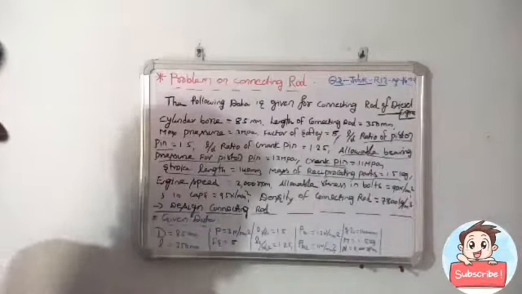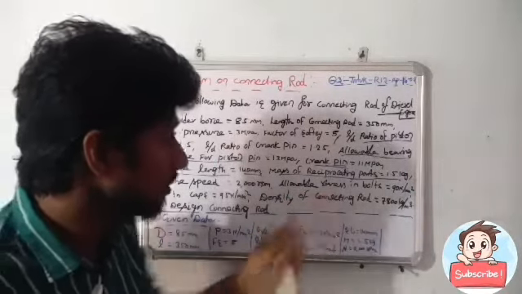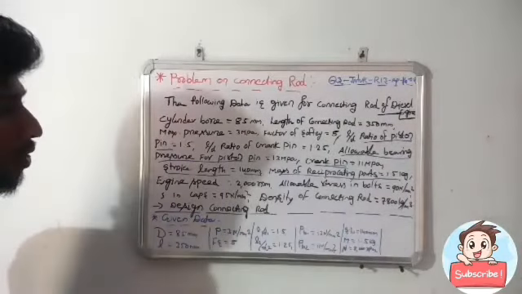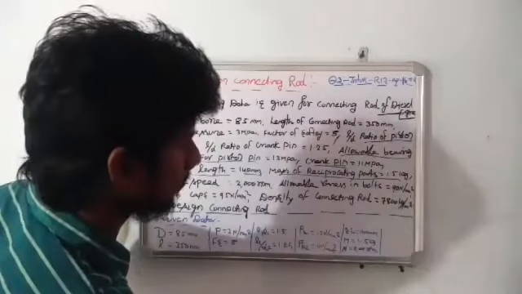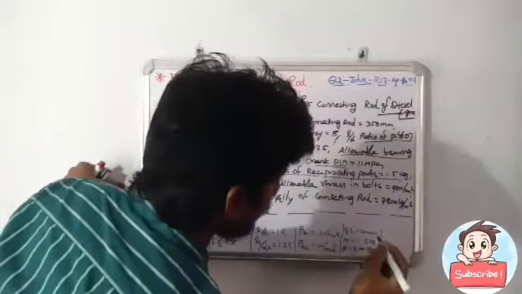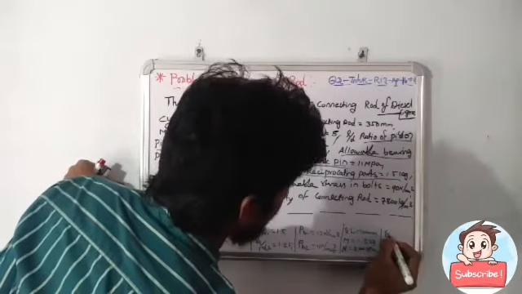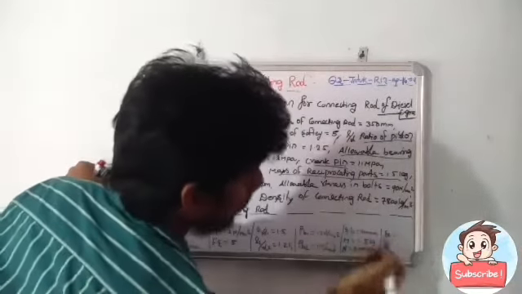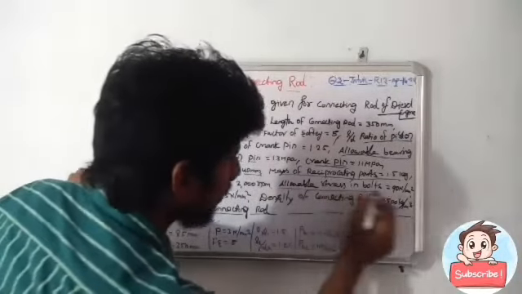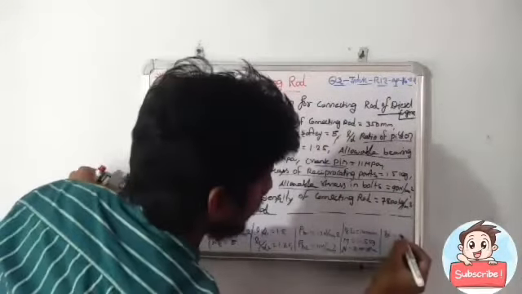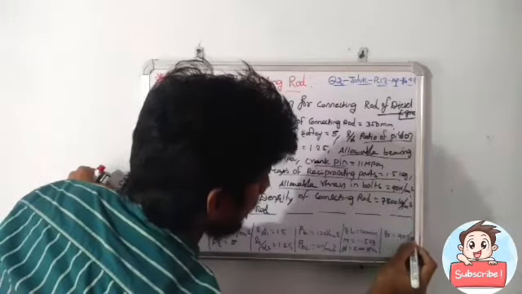After that we have allowable stress in bolts, denoted by ST, equal to 90 Newton per mm square.